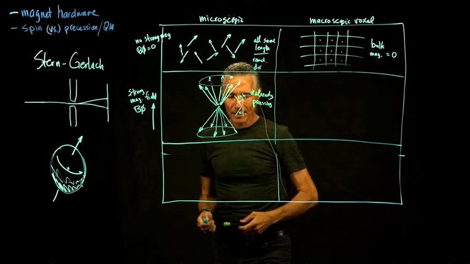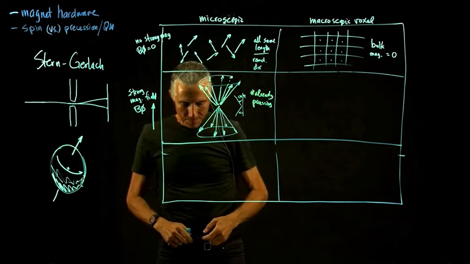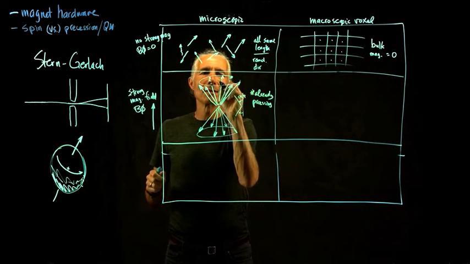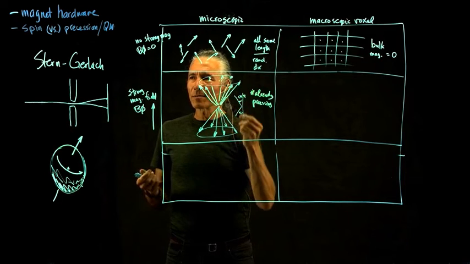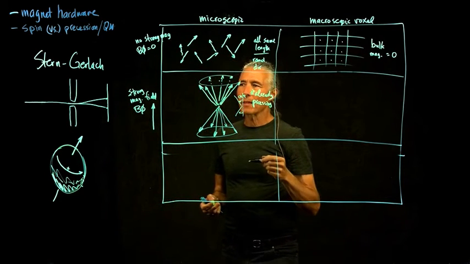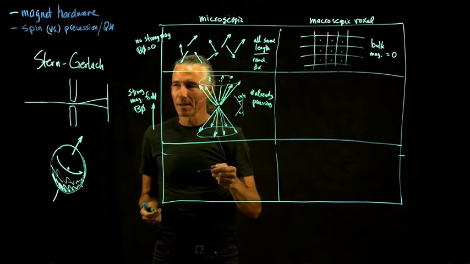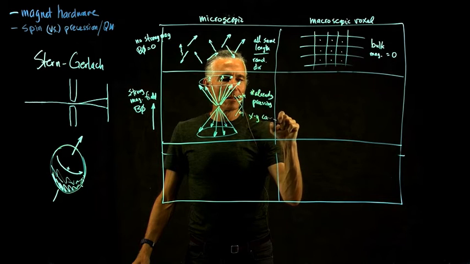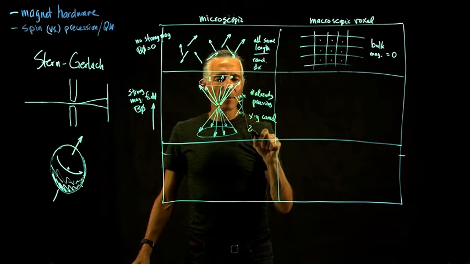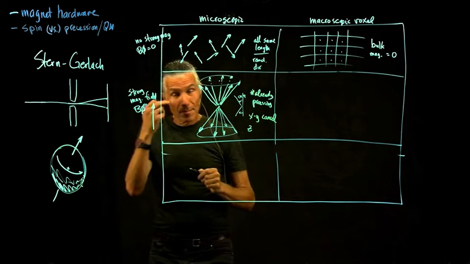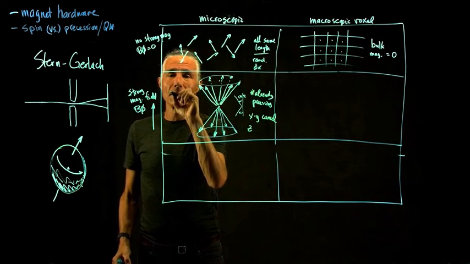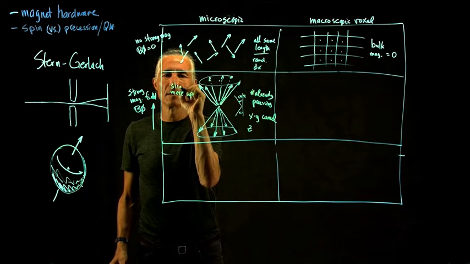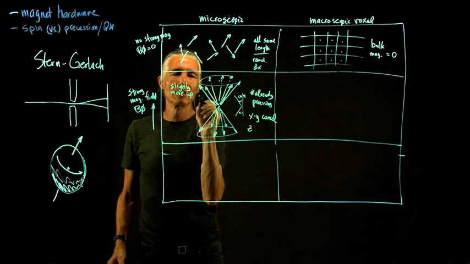And since the component in the XY plane is random, the XY components all cancel out. So XY cancel, but the Z component doesn't. Because the field is up, there's slightly more up.